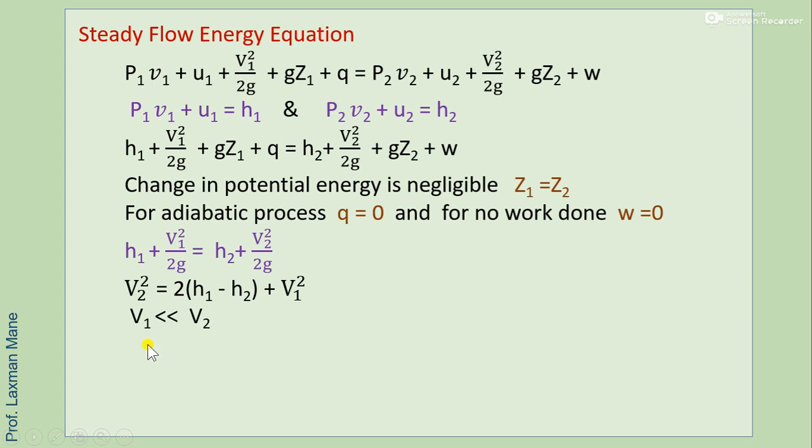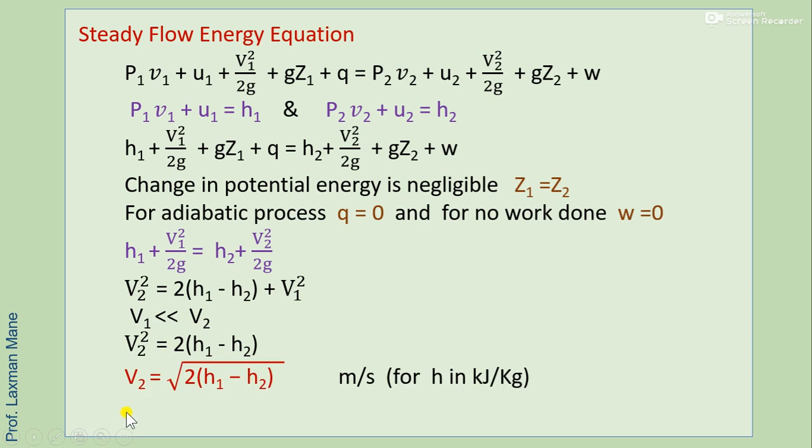Now, as V1, that is the velocity at inlet, is far less than the velocity at outlet of the nozzle, V1 can be neglected or ignored. Thus, the above equation will be V2 square is equal to twice the enthalpy difference between inlet and outlet.